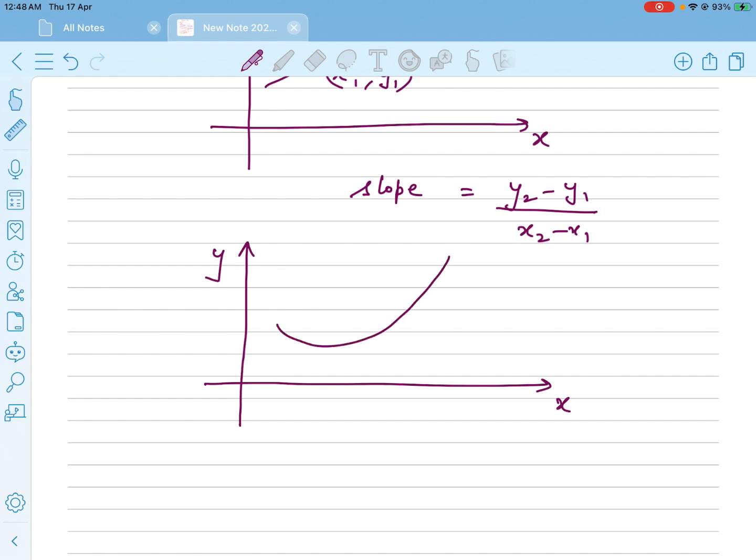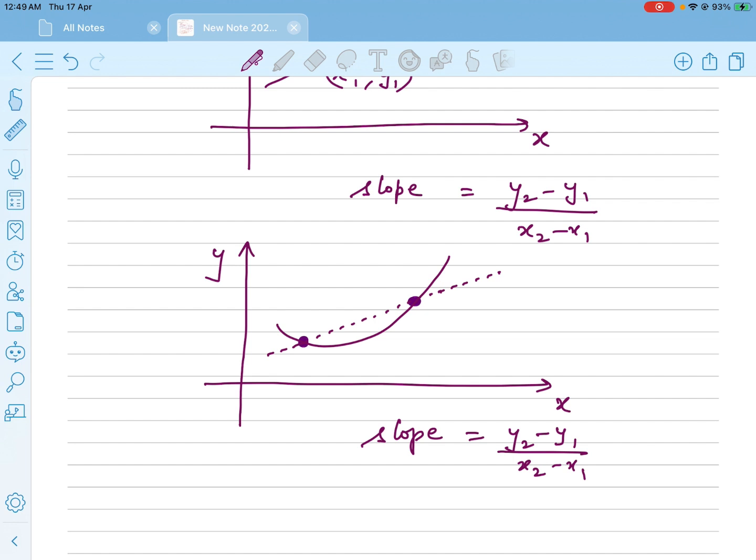Now in this case, if you try to find out the slope using the 2 points, and if I join these 2 points, the slope, using again the same formula, y2 minus y1 over x2 minus x1, will not be the slope of the curve, but it will be the slope of the dotted line, which is joining these 2 points.